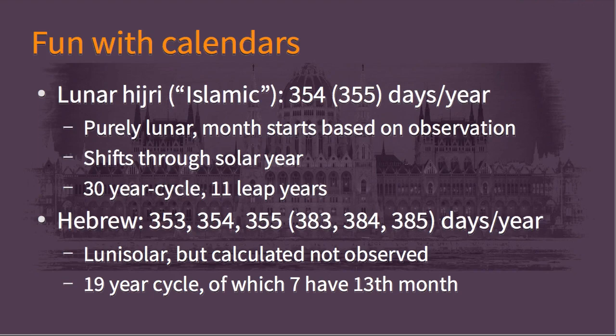And that means that the Hijri year shifts through the solar year. And sometimes a particular month of the Hijri calendar will occur during the spring, and sometimes it'll occur during the fall. And that goes over in a 30-year cycle. And in that 30-year cycle, there's 11 leap years.